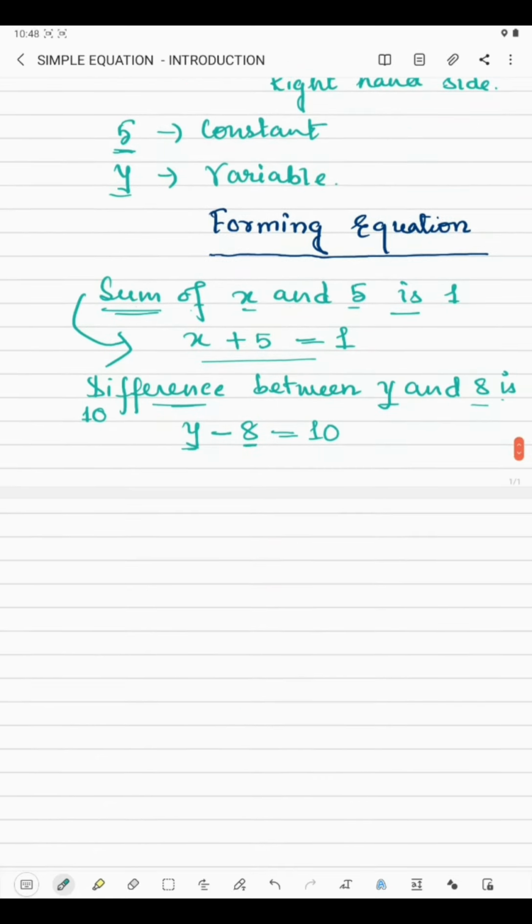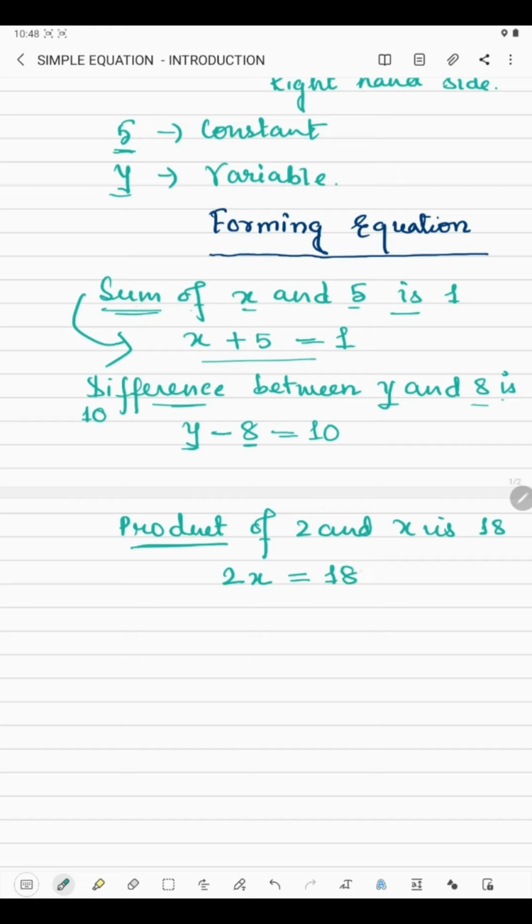Now suppose it is given that product of 2 and x is 18. So what will be the equation? Product means multiplication. So 2 multiplied by x is written as 2x. Is means equals to 18.